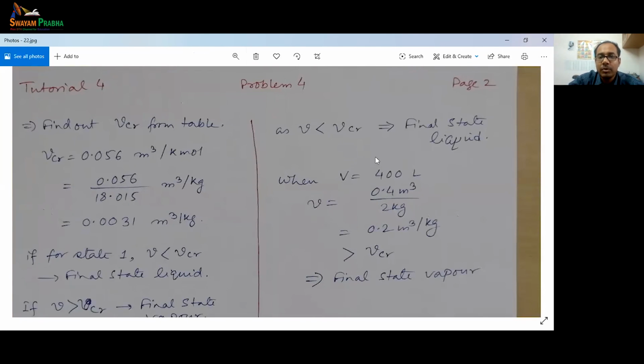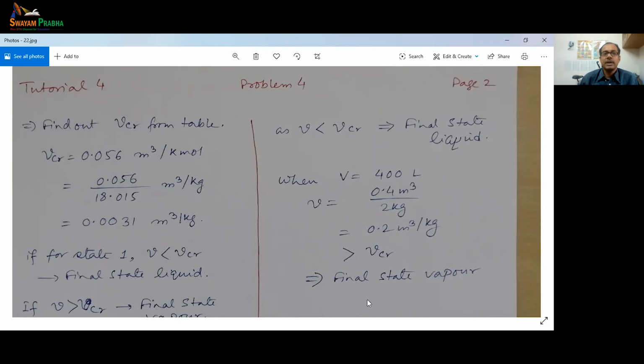But if the volume is actually 400 liter, then the specific volume will be 0.2 meter cube per kg. That is greater than 0.003, right? So in that case, the final state will be vapor.